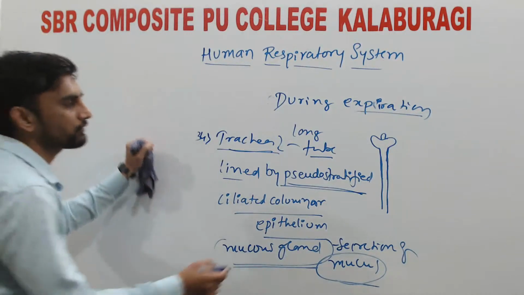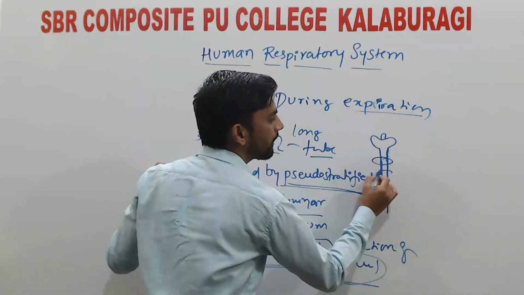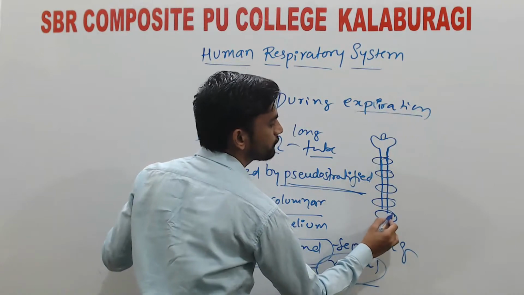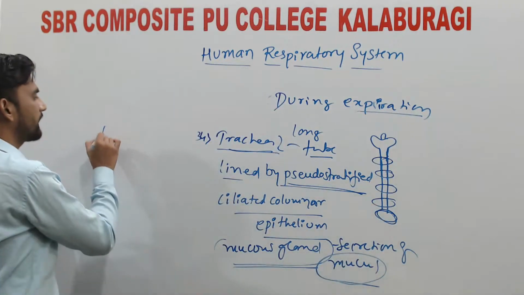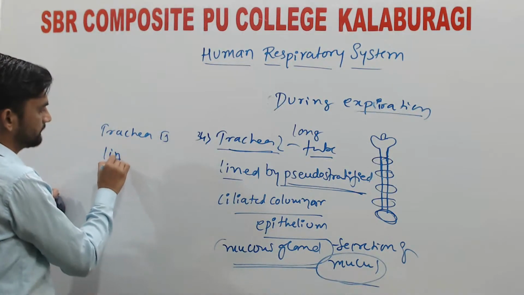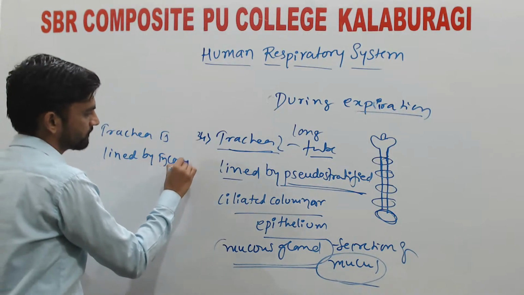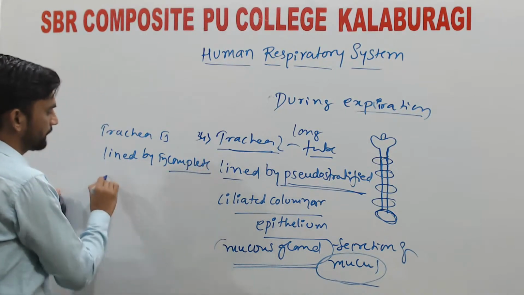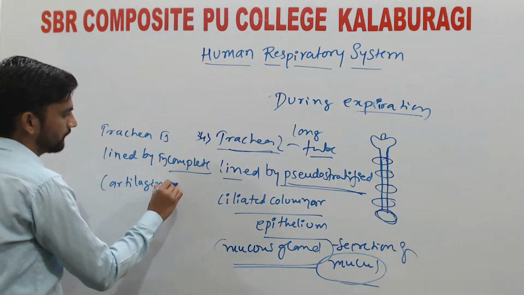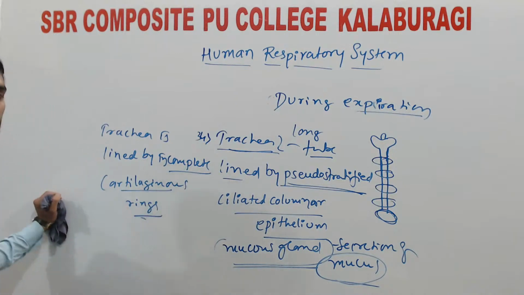And another piece of information about the trachea: the trachea is lined by incomplete cartilaginous rings.